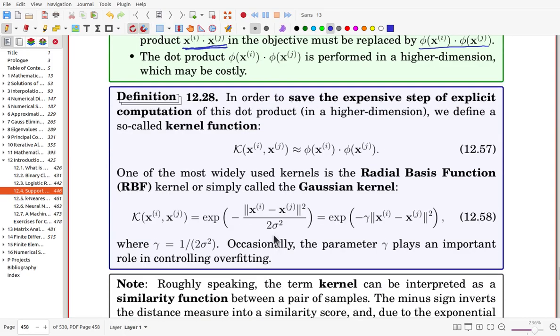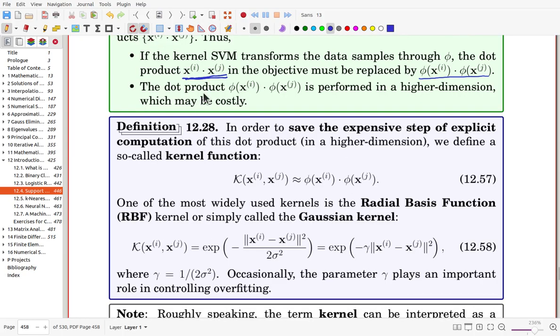Okay, so we can find some kernel functions. One is the radial basis function, sometimes called the Gaussian kernel. Between xi and xj, we measure the quantity through this function. Originally this dot product is a kind of similarity measure.